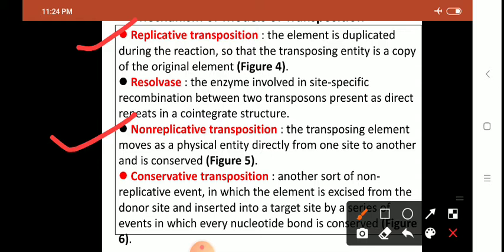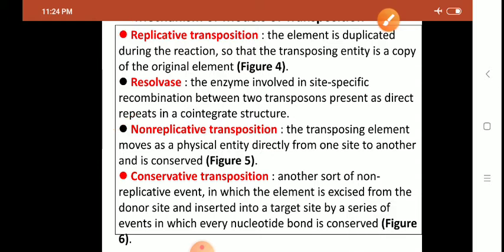And there is another type, conservative transposition. It is a type of non-replicative event only, in which the element is excised from the donor site and inserted into the target site by a series of events in which every nucleotide bond is conserved.